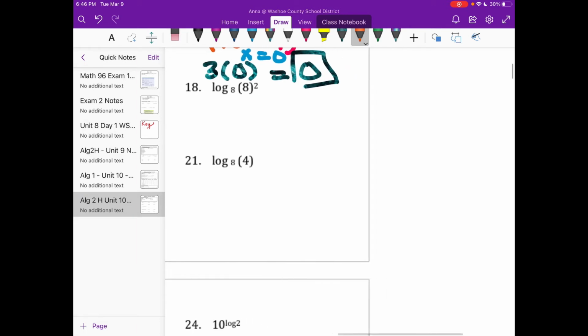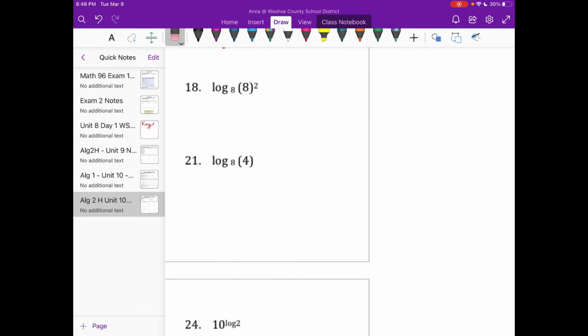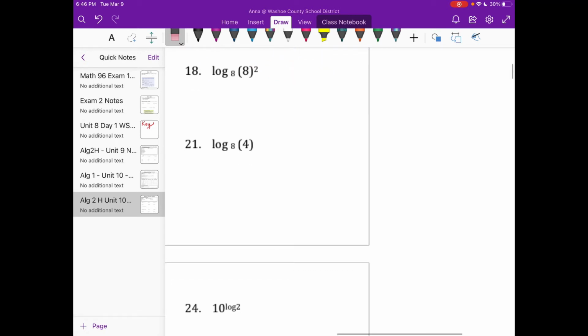All right, so number 18. 18 is kind of tricky. If you really wanted to do it the way we've been doing it, you absolutely can. But this is also one that has kind of a special rule that we're going to talk about a little bit later.